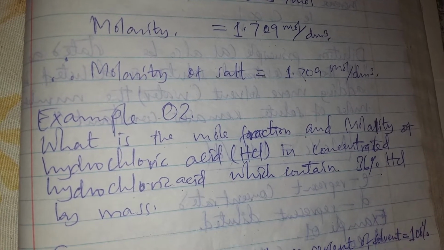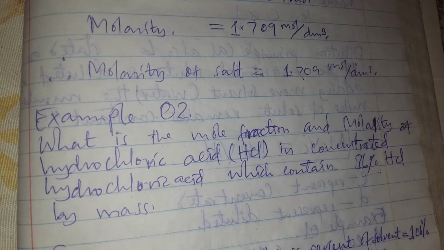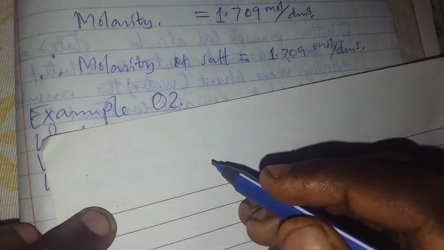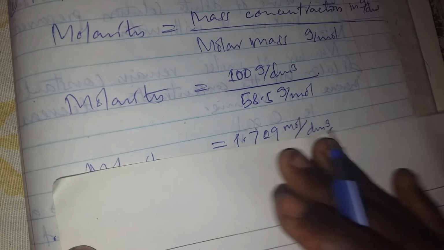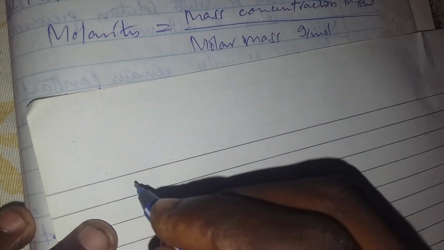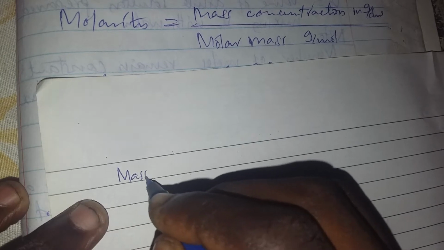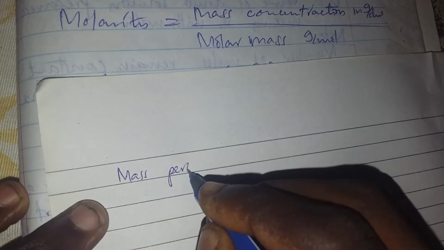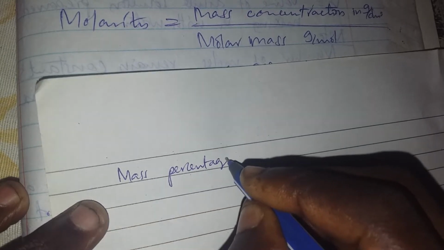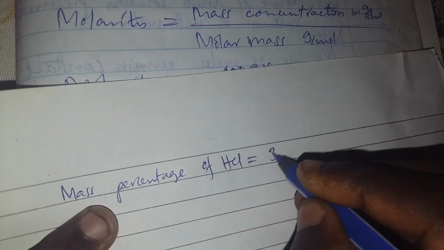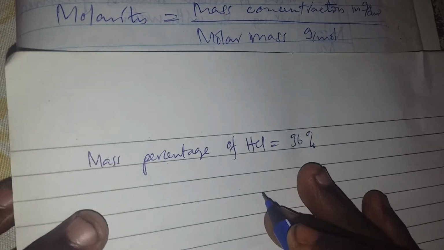Now, if we are given the mass percentage of a solution, given from the question, I mean mass percentage of HCl is equal to 36%.